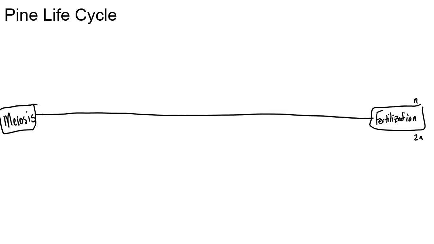That's our sporophyte. So this is our diploid sporophyte here. And that sporophyte is going to produce megastrobili and microstrobili because it is monoecious.